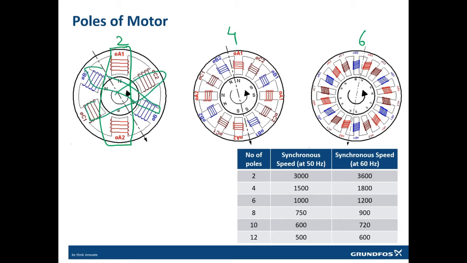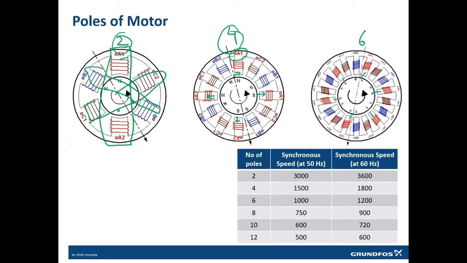So per phase 2 magnets are available, that's why this is 2-pole. But in this one, A1 is the phase. Per phase there are 4 magnets available. This is 1, this is 2, this is 3, this is 4. So this is a 4-pole motor. In the 6-pole motor, per phase how many magnets are available? 1, 2, 3, 4, 5, 6.